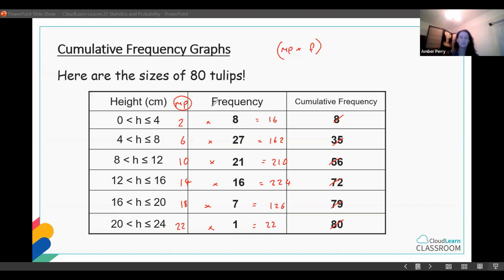Okay, so we've done the midpoints. We've multiplied each midpoint by the frequency. And now we're going to find the total. Remember, mean is total divided by the number.